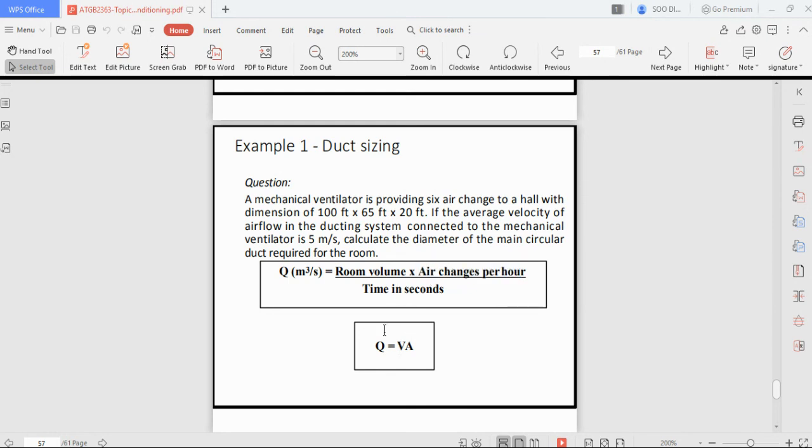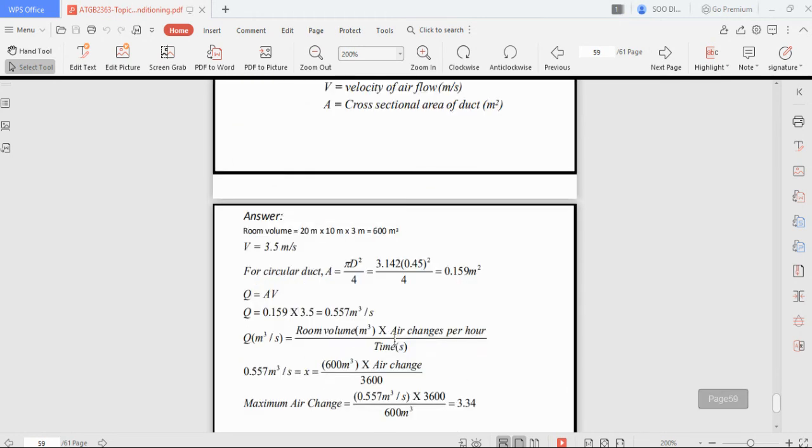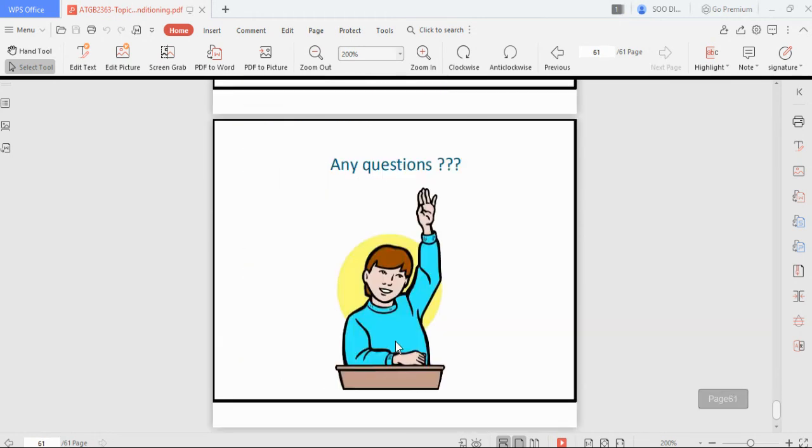For this topic 1, the important thing is these two formulas. Depending on what the question is asking you, either to solve the diameter or the air change, you'll be able to find it here or here. This Q is the same. Okay, so that's about it for topic 1. So hope you guys understand.